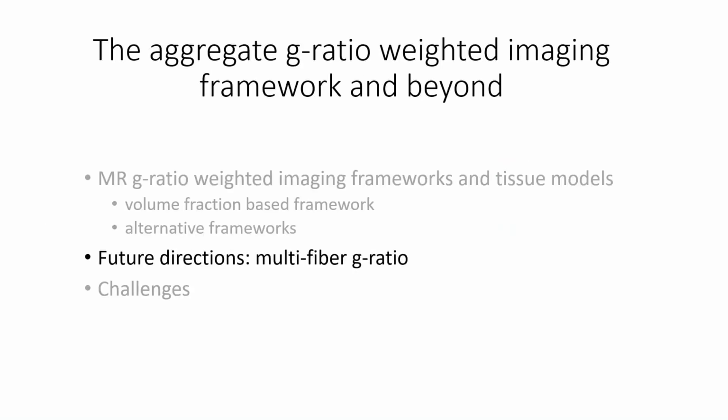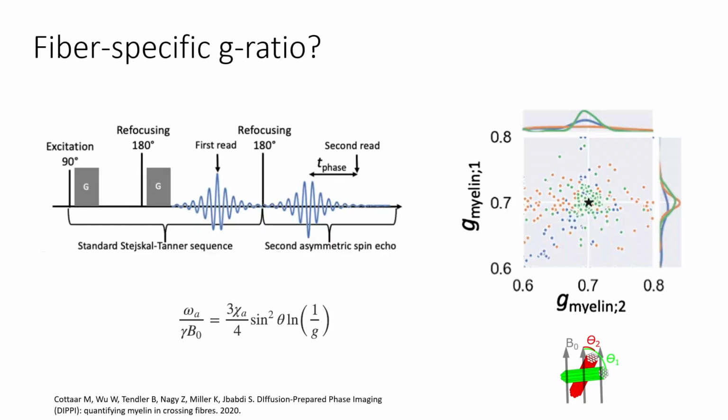So now I'll look at future directions in G ratio mapping. It would be nice to estimate a full G ratio distribution in the voxel. But what I see as a step toward that is getting a G ratio for each of multiple fiber populations.